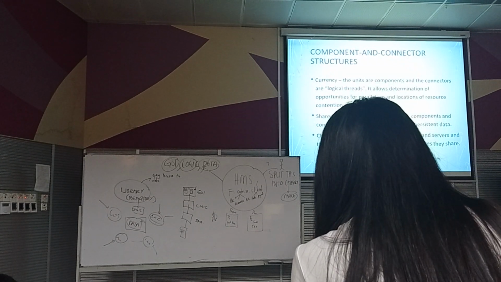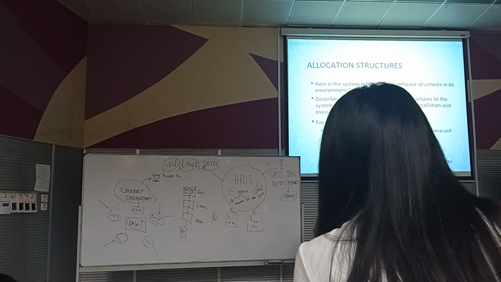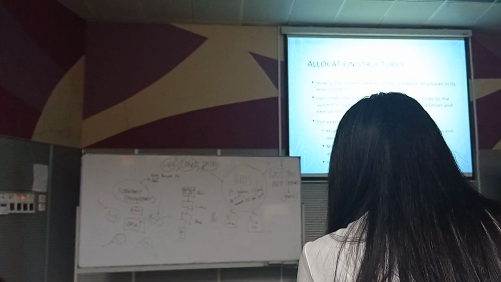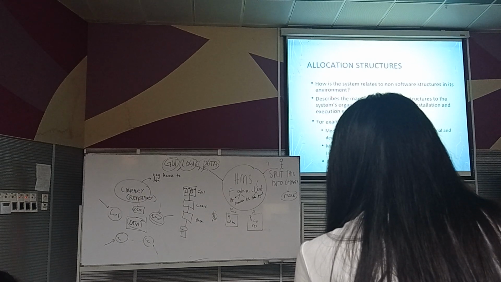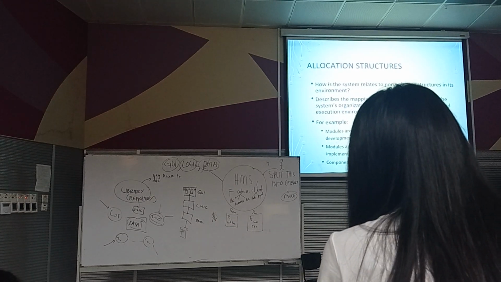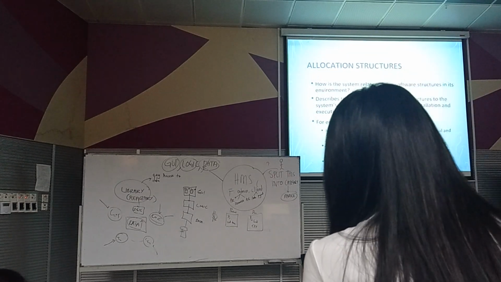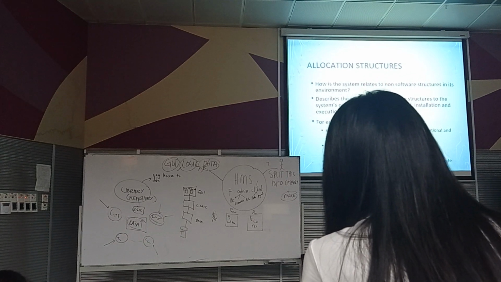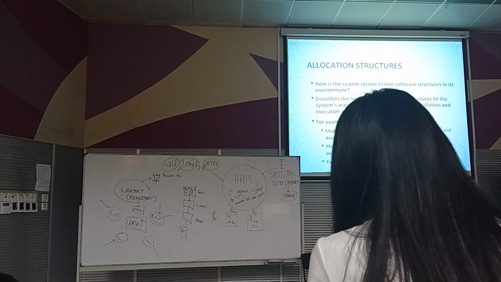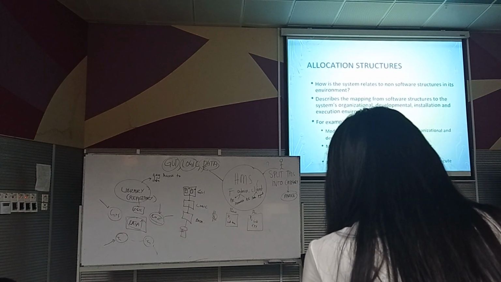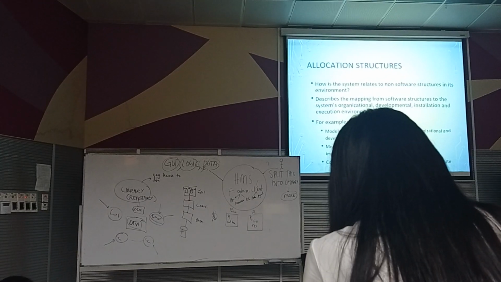Moving on to the third one. This one is the easiest: allocation structure. In other words, you discuss your architecture by asking one question: who will do this part? Who can I give this task to? Let's say I have one system and one architecture with three boxes.